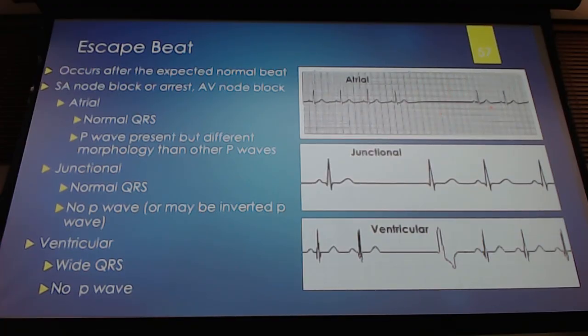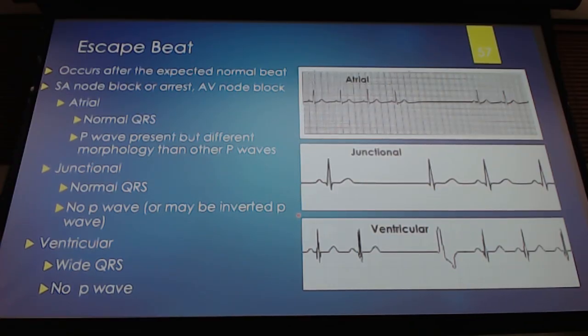But we finally get an escape beat that occurs, and oftentimes that escape beat is not coming from the SA node. It's coming from somewhere else in the atria that is depolarizing. And then it can go back to the normal sinus rhythm. So you may have one beat, and then the SA node picks up pacing again. You'll go back to a normal sinus rhythm.